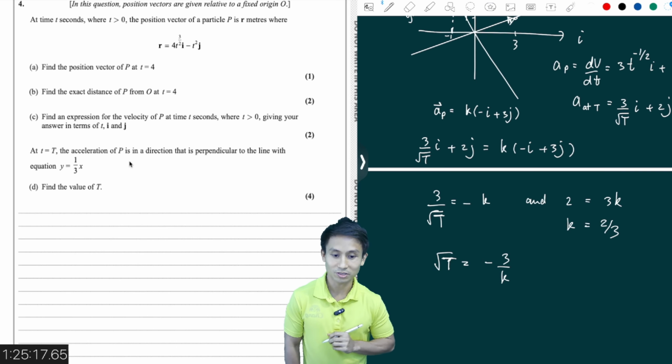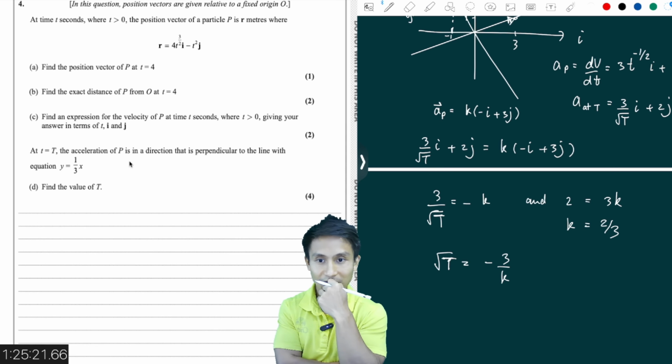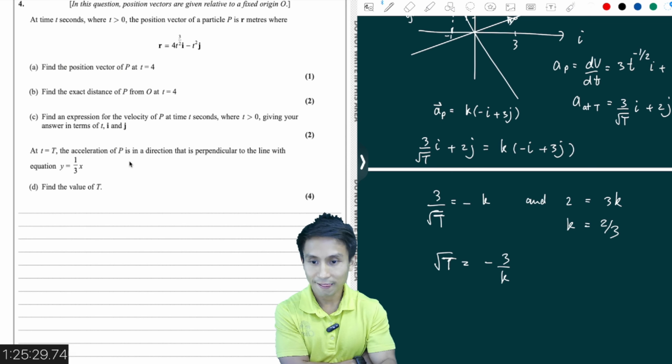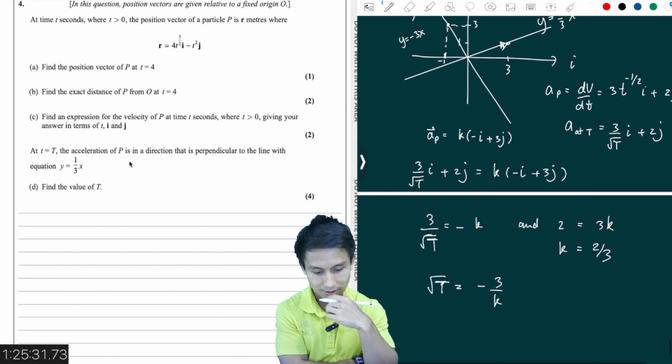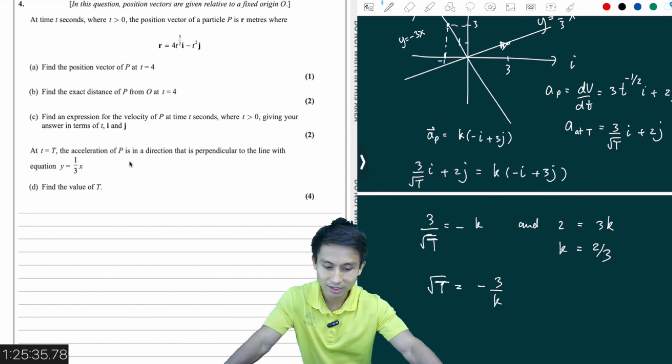Wait, that's impossible. Interesting. How is that going to be perpendicular to that? I mean, root t can't really be a negative value, can it? Oh, I see.